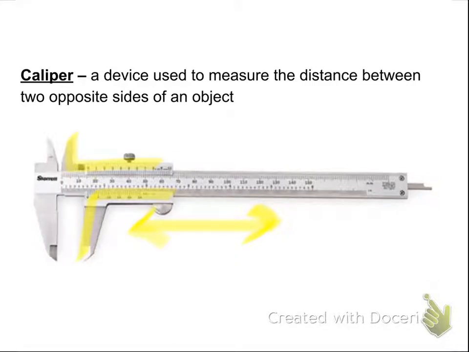And as it slides back and forth, these scales here move, and then we can read what the measurement is. And so we're going to learn how to do that. So either you stick an object in between these two things here and clamp it up tight, or you use this end up here and put it in the inside of a pipe and then spread it out as far as it will go. And then it will tell you the measurement there.